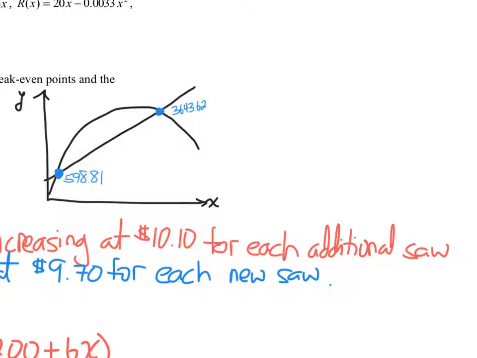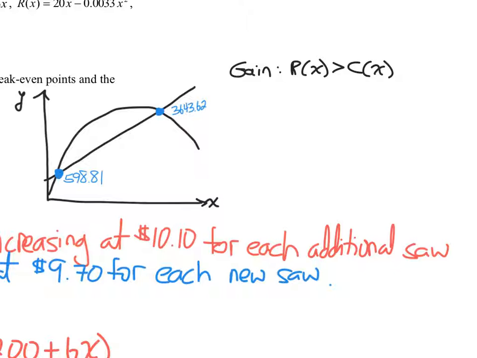regions of gain and loss. Well, gain would be where revenue is greater than cost. So you just got to keep track of which function is which. In this case, it's easy because one of them is quadratic and the other is linear. It's when you have two funky functions that things can get a little crazy. That's when knowing which one's your y1 and which one's your y2 becomes really helpful.